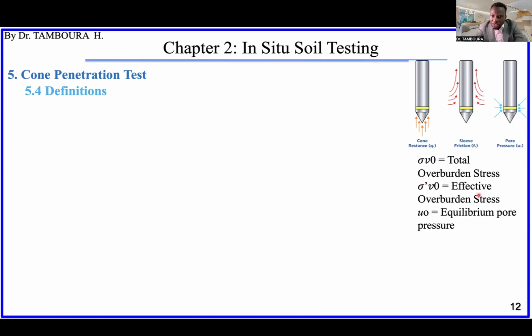Sigma prime V0 is the effective stress. U0 is the equilibrium pore pressure. Not this one, it is different. This one, U, is pore pressure. It can be excess pore pressure or anything not normal, not equilibrium pore pressure. This equilibrium pore pressure is just obtained depending on the water level. This is what you know.